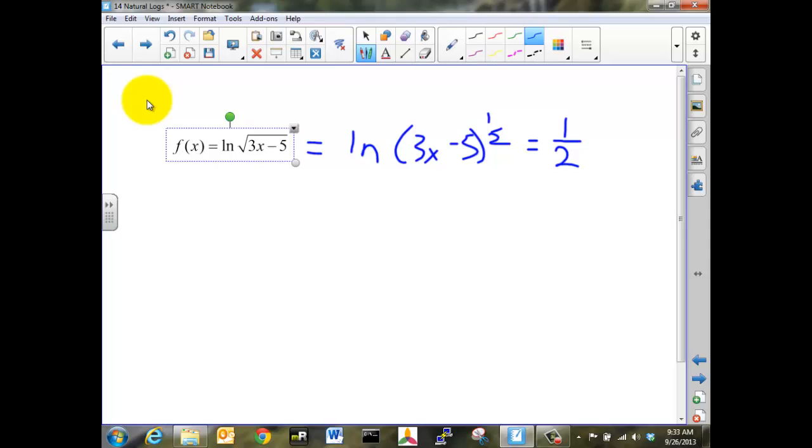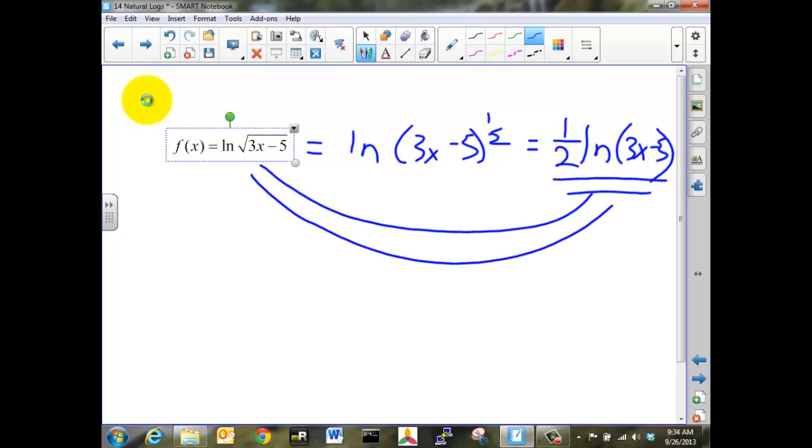We could bring the 1/2 out in front. Not taking the derivative now. We're just taking the 1/2 out in front. And this is the same function. So this function here is equivalent to what we started with back there. We haven't done any calculus yet. We've just made our calculus easier.